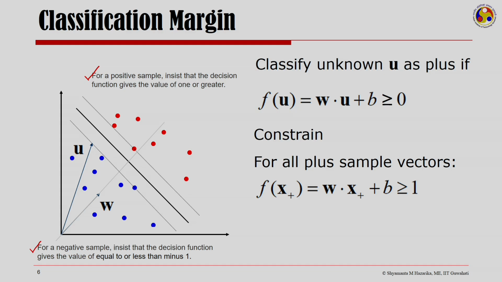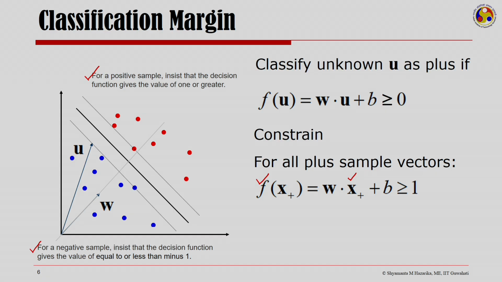So, if all plus sample vectors are referred to as x plus, then w dot x plus, plus b is greater than or equal to 1.